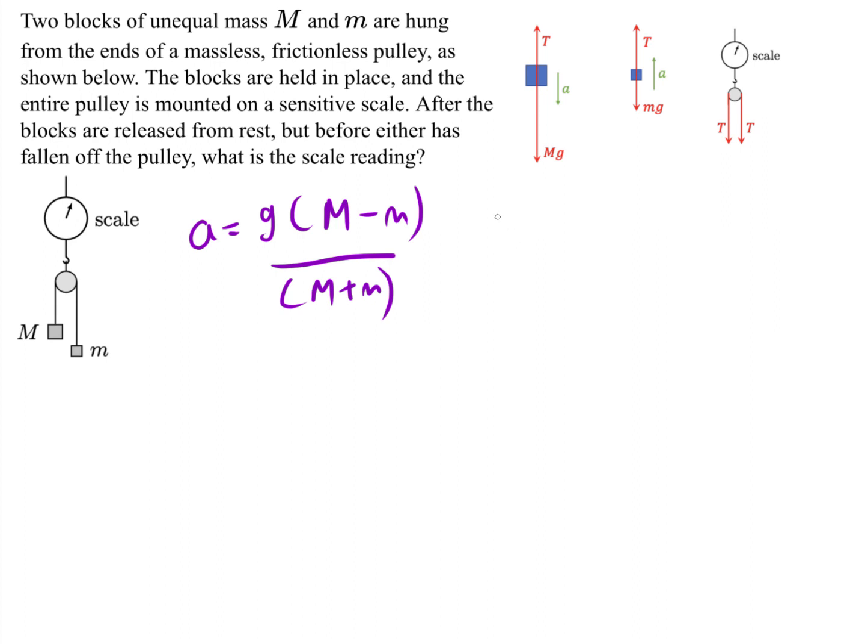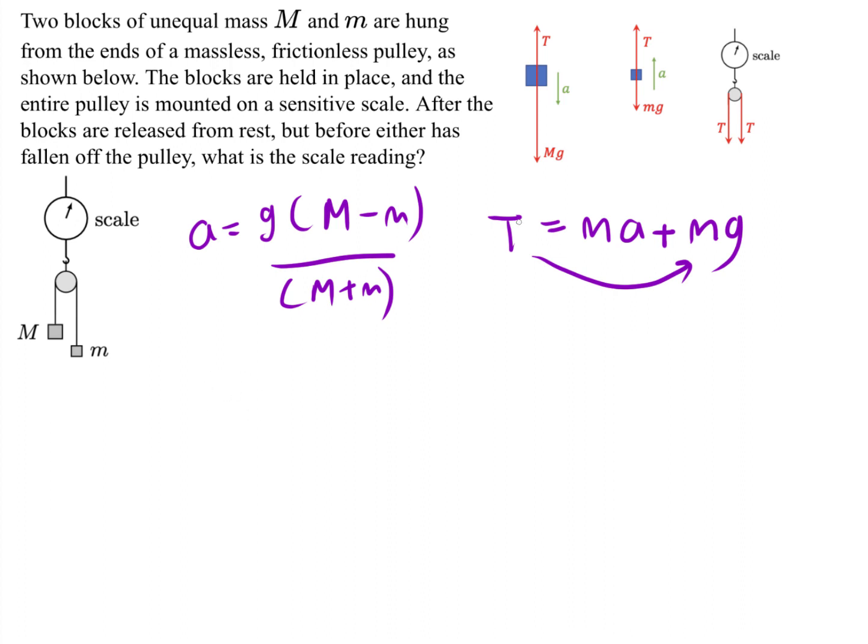So if you remember from either of the equations, I'm going to use the second one. That tension is equal to, if you solve this, the mass times the acceleration plus the weight of the second block. This is done simply by moving mg over.